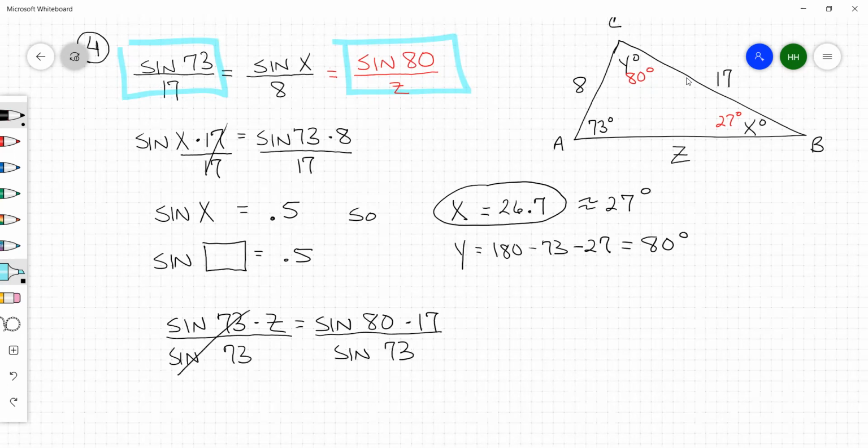These will cancel. And your z is going to be equal to sine 80 times 17 divided by sine 73. 17.5.